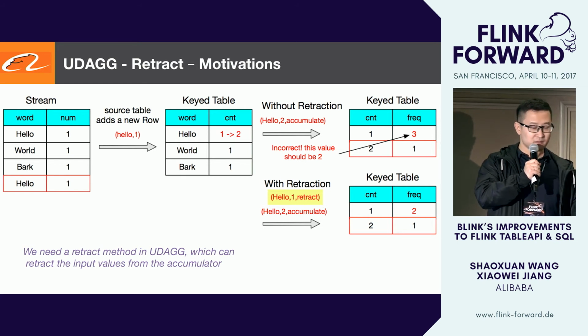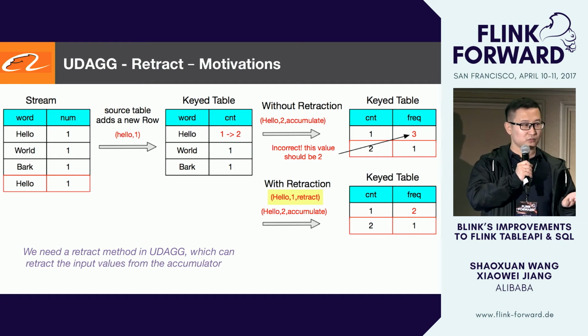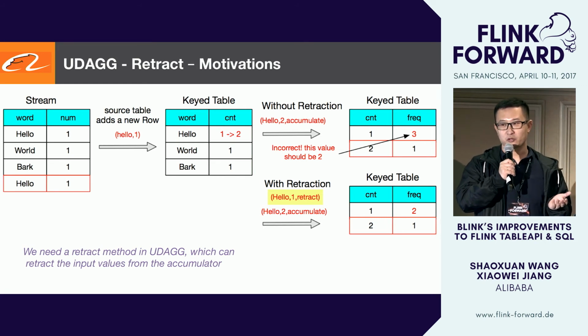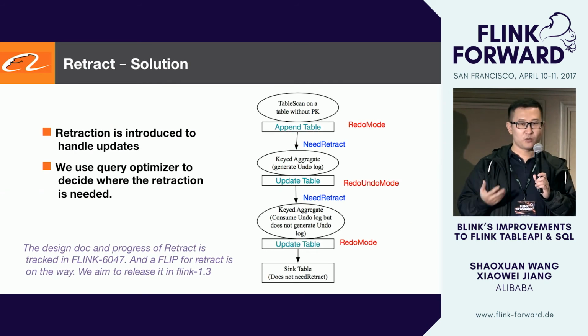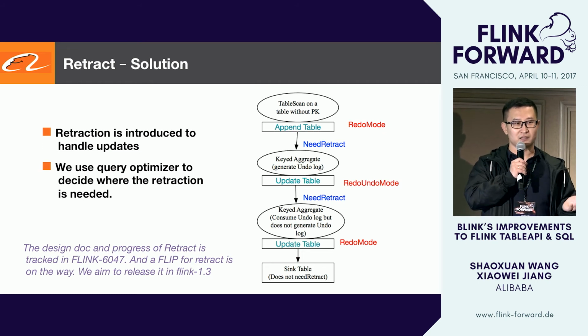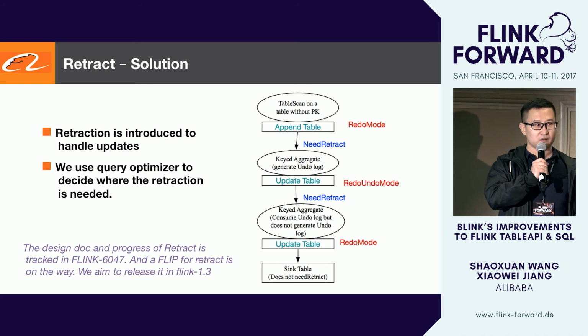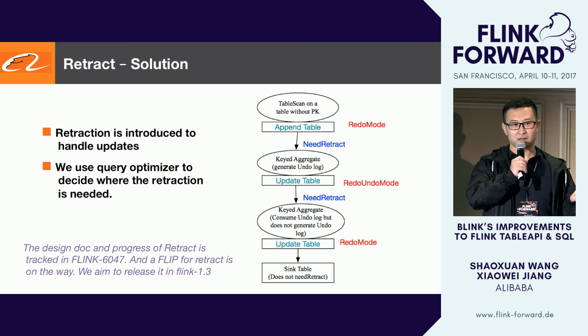Okay, how does this happen? We need a way to understand and tell when the retract is needed. We have explained how the retract mechanism works, but is retract always necessary? No, of course not. It's very expensive because you send a retract, and sometimes the downstream doesn't need a retract. So we need a way to check the execution plan and detect where the retract is needed.